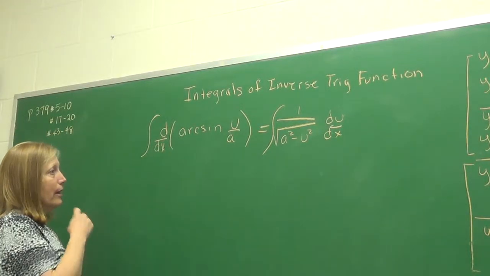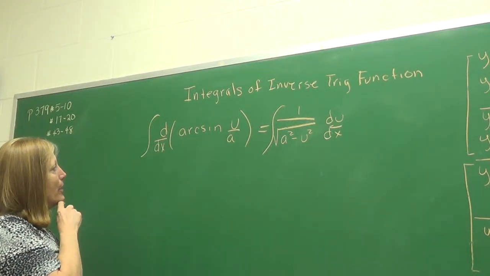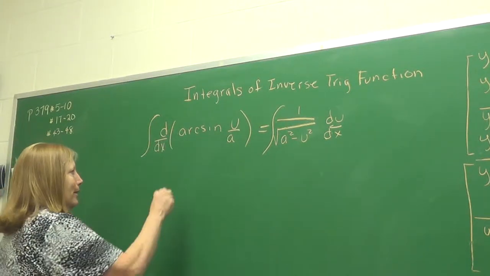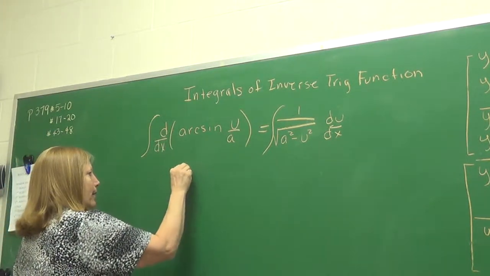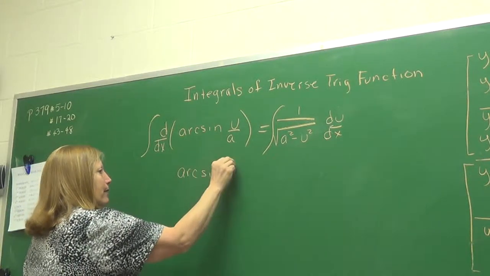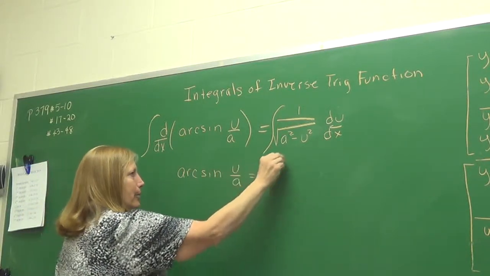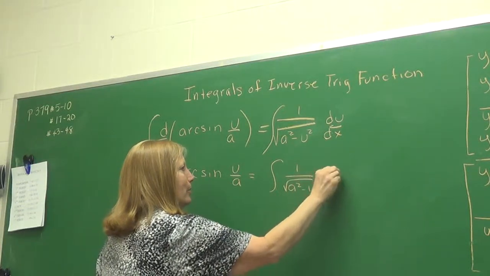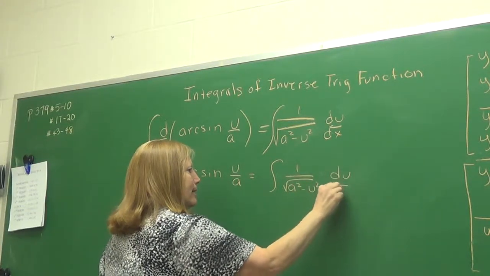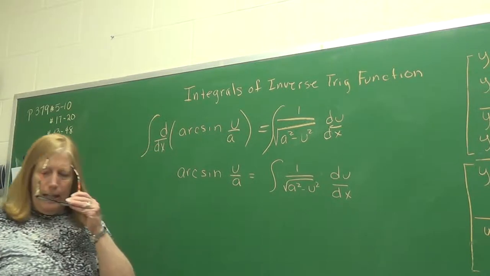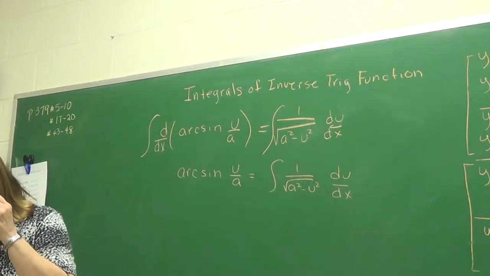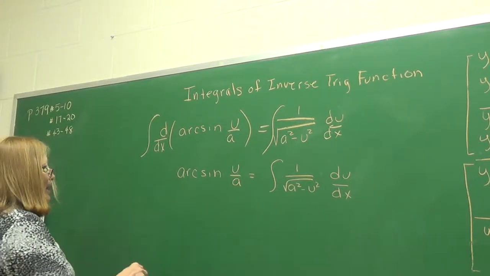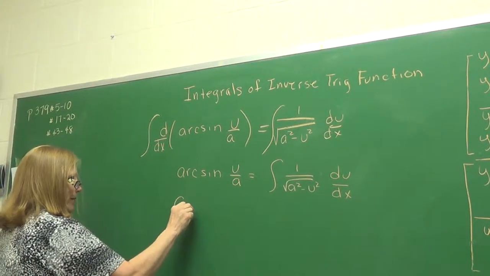Look at different lines. So when I do that, notice that the integral of the derivative, these are inverses, so all we get left is arc sine of u over a equals the integral of 1 over square root of a squared minus u squared du dx. So, looking at that, it doesn't seem like it would be very helpful, but that is exactly going to go on our formula sheet.